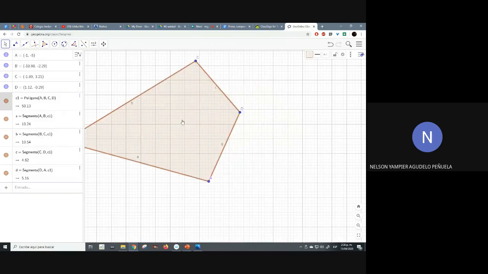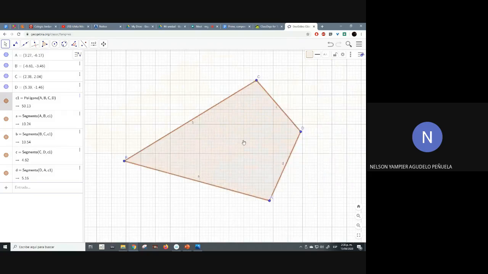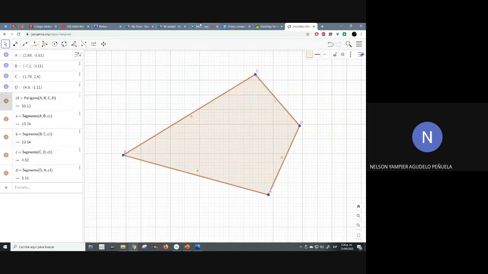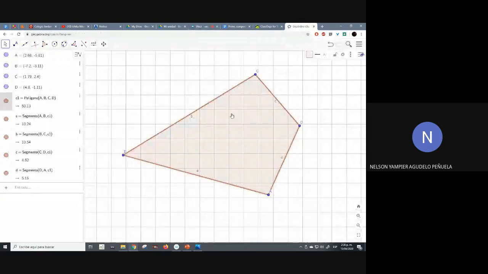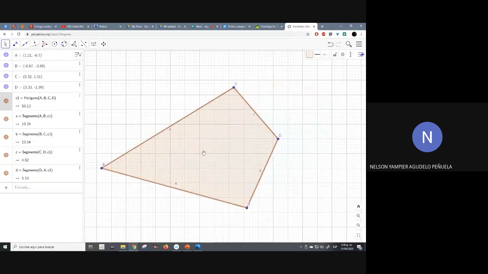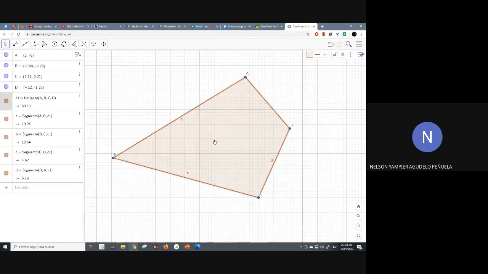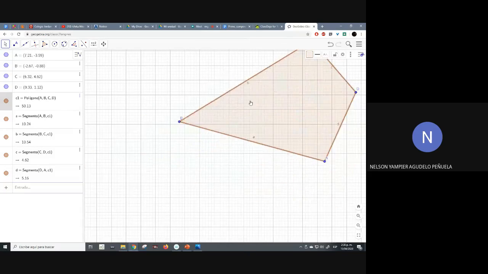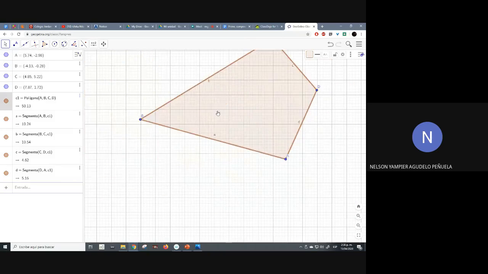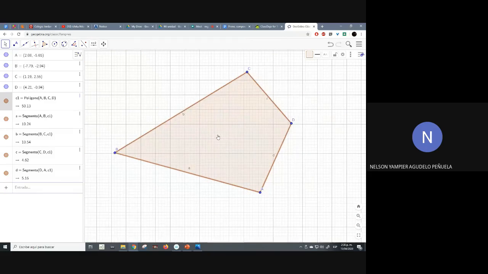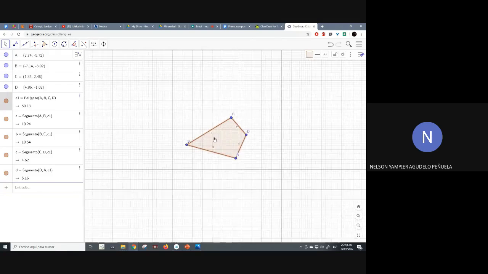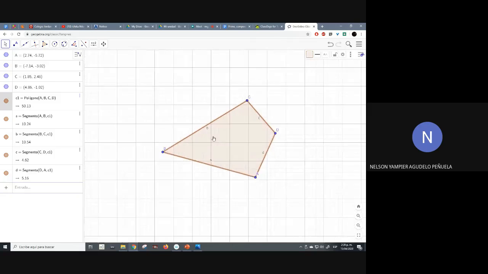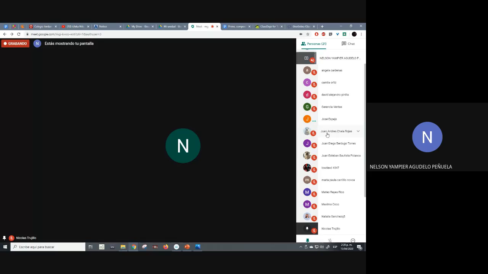But what happens if I only move it? It is an isometry because the shape didn't change. The shape is exactly the same. So moving it across the grid, across the board, is an isometry. But what happens if I make it bigger or smaller? Let me ask Chala. Hello, Chala. Can you please talk?